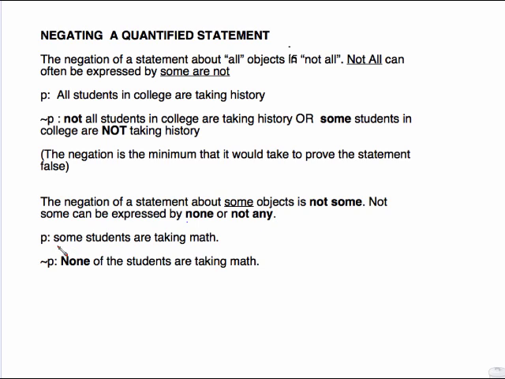So if the true statement is some students are taking math, the minimum it would take for me to prove that statement false is to say none of the students are taking math. Because some might just refer to one student. One student is taking math. So the negation of that one person taking math is that none of the students are taking math. Or you could say not any of the students are taking math. You would not say not some of the students are taking math.